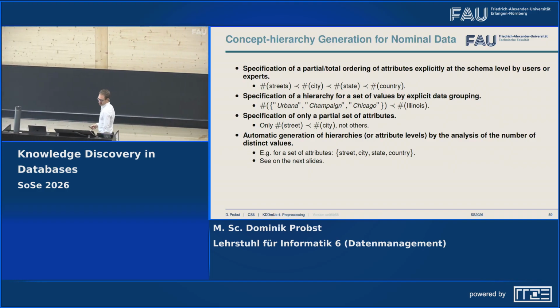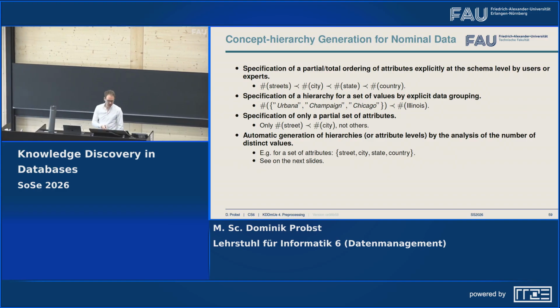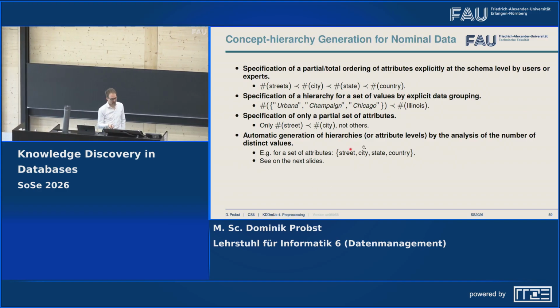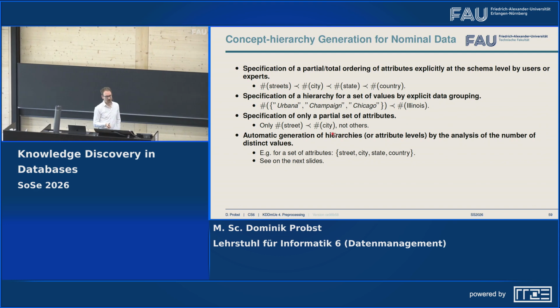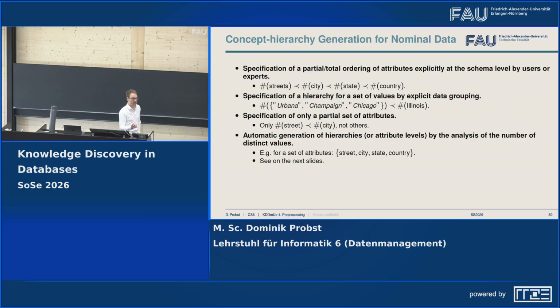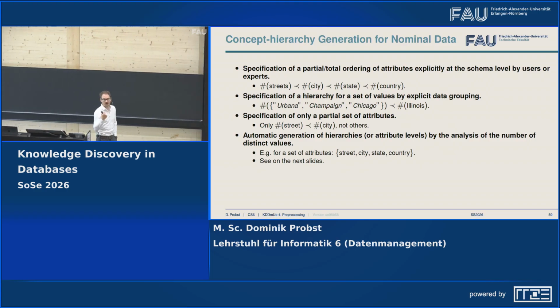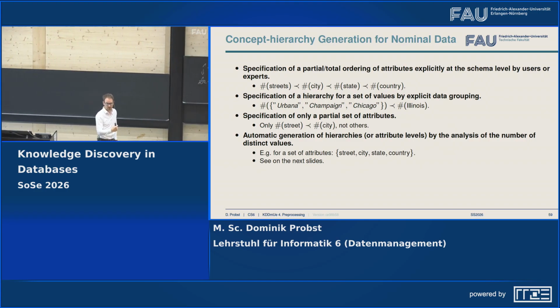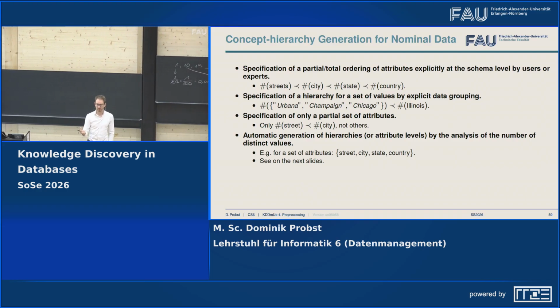You can try to generate hierarchies automatically if you take a look at the analysis of the number of distinct values. So typically it's given that a lower level of granularity always has more values than a higher level of granularity. You will have more streets in our world than you have cities in our world.